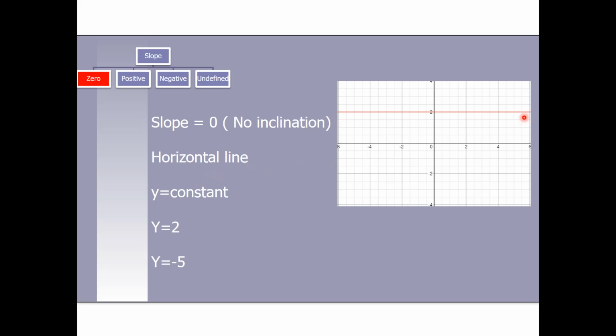We call it a horizontal line. So any horizontal line has a slope of 0. The y value here will be the y-intercept point, which has a coordinate of 0, 2: the x coordinate is 0 and the y coordinate is 2. So the intercept point will be at y equals 2. Okay?